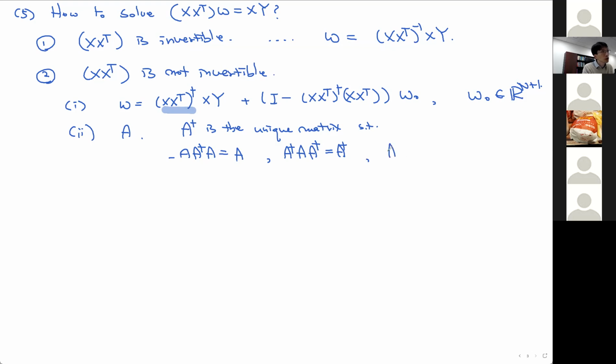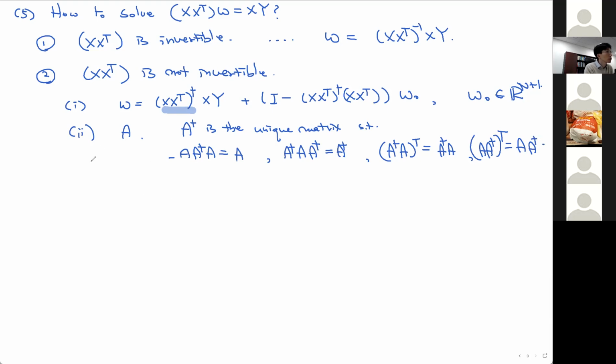And the other 2 conditions are that A pseudo inverse A is symmetric, so if you take a transpose, it's the same as this, and the same in the other direction too: A A pseudo inverse transpose is equal to A A pseudo inverse.